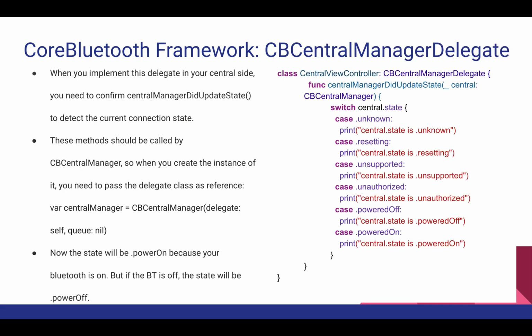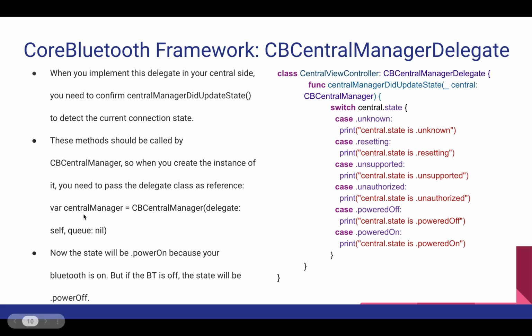Okay, so now let's understand what CBCentralManagerDelegate is. When you implement this delegate on your central side, you need to conform to centralManagerDidUpdateState to detect the current connection state. These methods are called by the CBCentralManager. So when you create the instance of it, you need to pass the delegate class as a reference, like you can see here, where centralManager is equal to CBCentralManager and delegate.